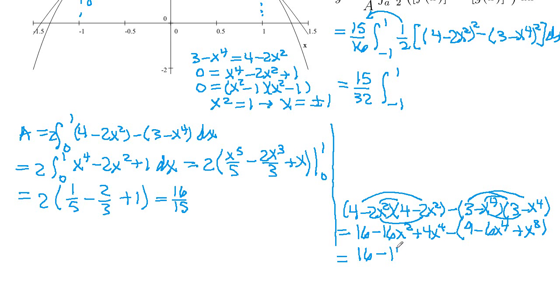So 16 minus 16x squared plus 4x to the 4th minus 9 plus 6x to the 4th and minus x to the 8th. So we just got the negative x to the 8th, no like terms there. Positive 4x to the 4th and a positive 6, so positive 10x to the 4th.